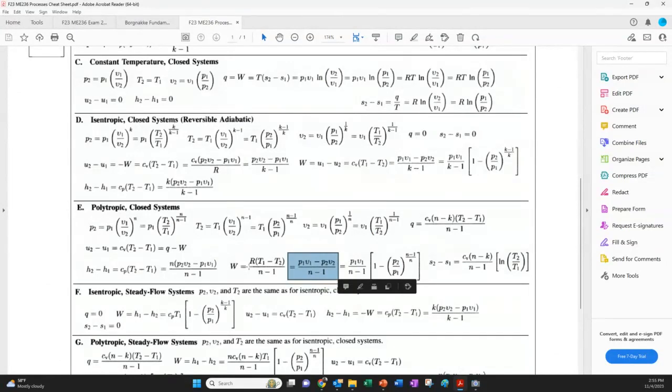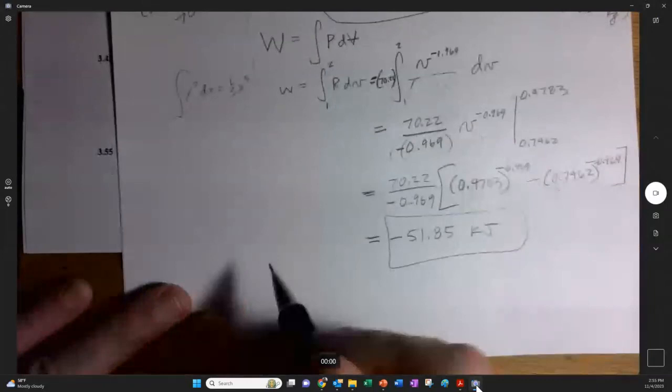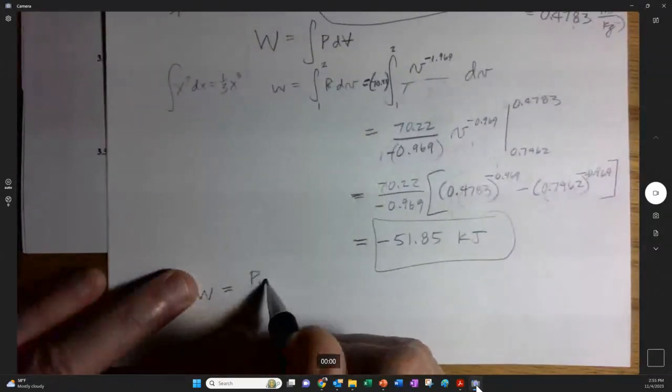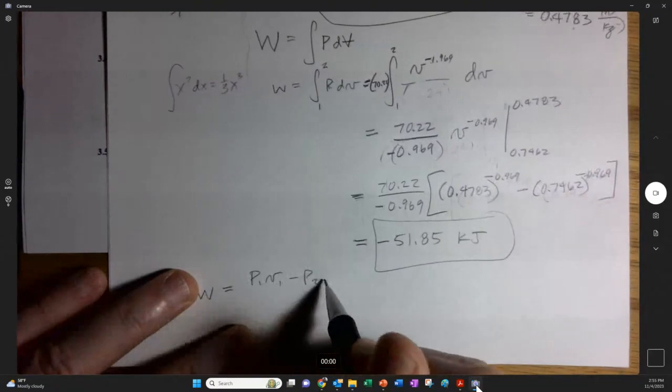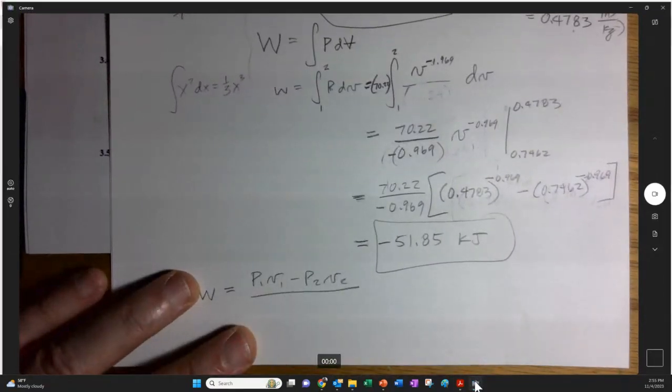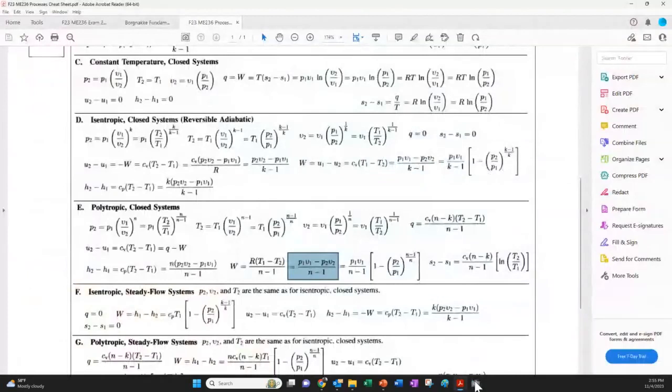We could have, even though that looks like a capital W, it's actually a lowercase w because all of these things are on a per mass basis. We could have done, because we did write it down at one point, that the work was going to be P1 V1 minus P2 V2 divided by, is it 1 minus n, or n minus 1? Well, it depends on which order you put the thing in, but that would be the one.